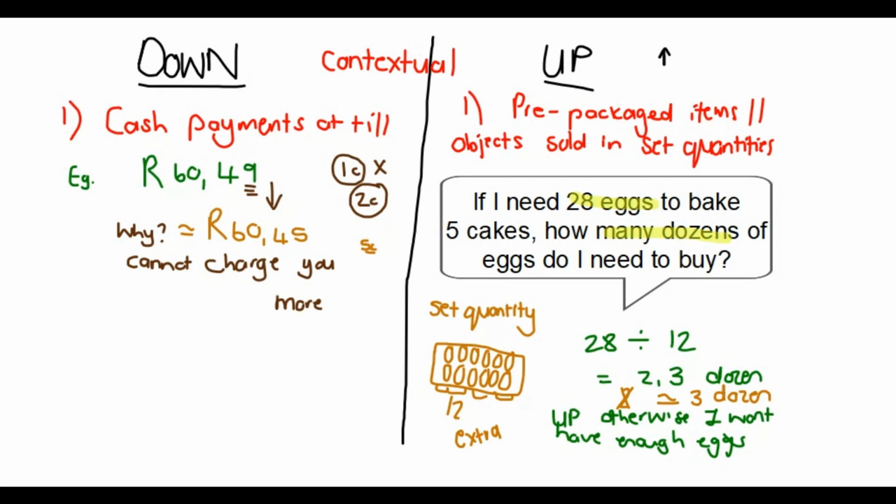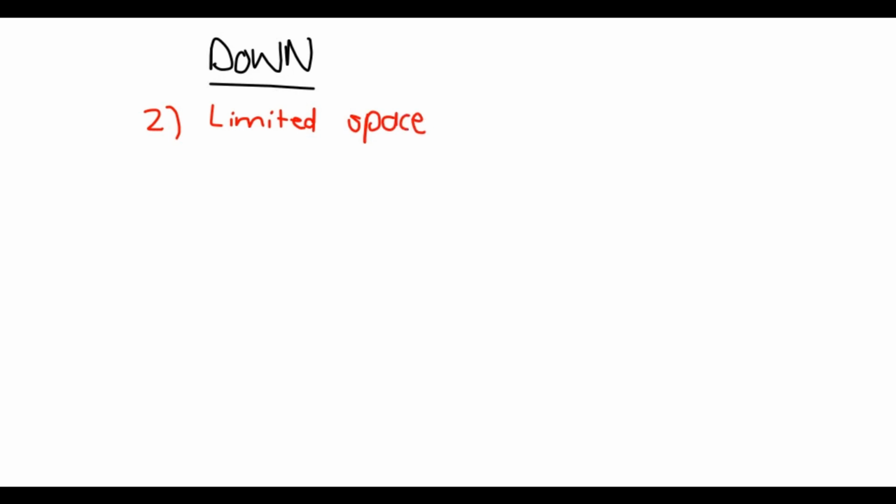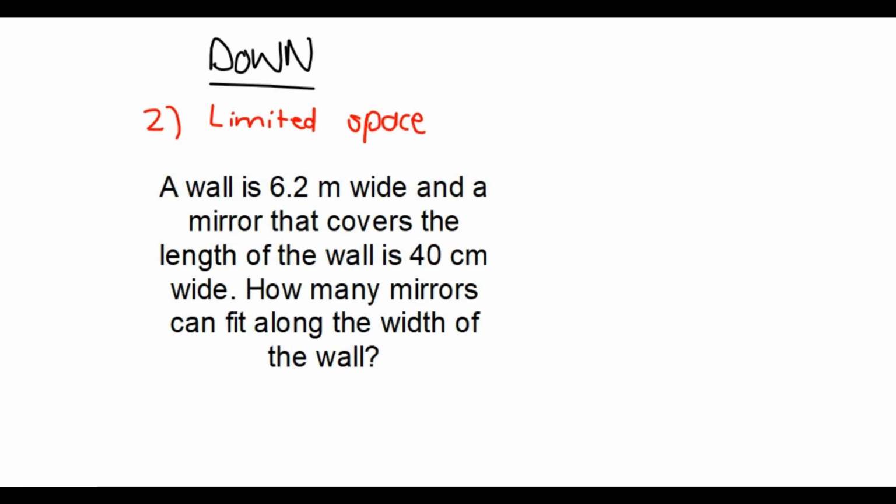All right, let's look at another example or another instance when it comes to rounding down. So this is the second instance, and you will see that this has to do with questions where there is limited space. All right, let's do an example. So they say that we have here a wall that is 6.2 meters wide and a mirror that covers the length of the wall, and the mirror is 40 centimeter wide.